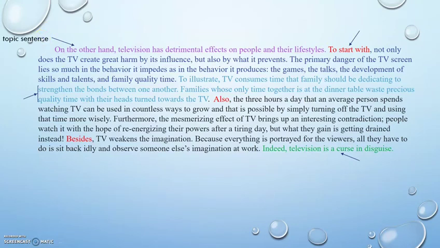Again, we need to begin with a topic sentence, start with a transition for the first main detail, and then explain that main detail or elaborate on it. We do the same thing with the second and the third main details, and we also end with a concluding sentence.